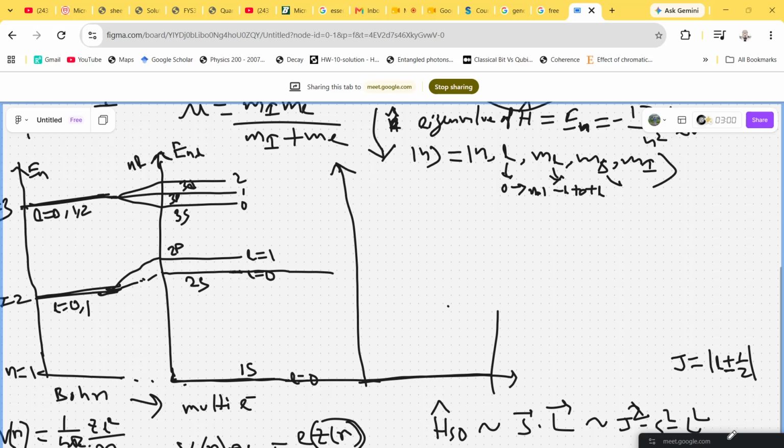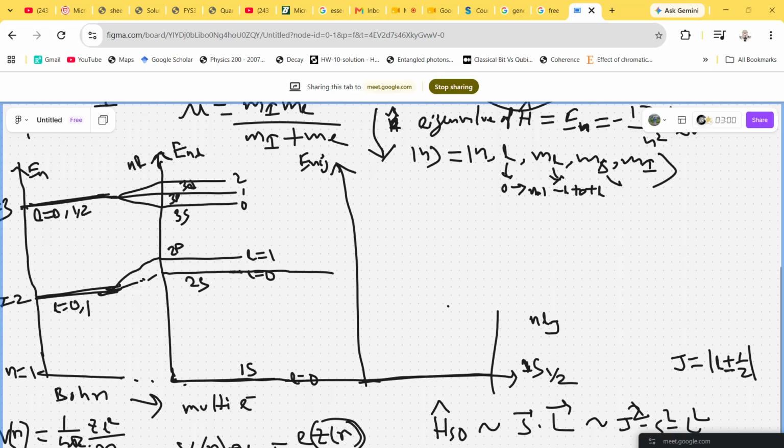So in this case your energy is E n l j. It was 1s and J is half, so you write 1s half as your state. The notation will be n, l and j: n stands for the n quantum number, s stands for l and half stands for j.